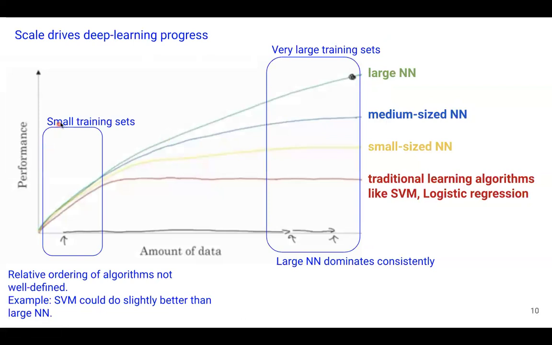And so the thing here is that if you have small training sets, then all these neural networks, large, medium, small, and more traditional learning algorithms like logistic regression, which is a little bit old and nowadays not used too often, in the regime of small training sets, they all work similarly.